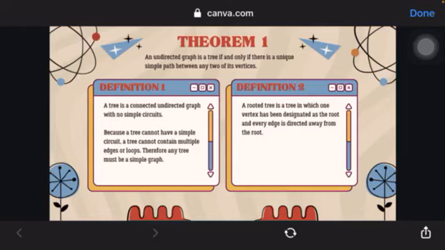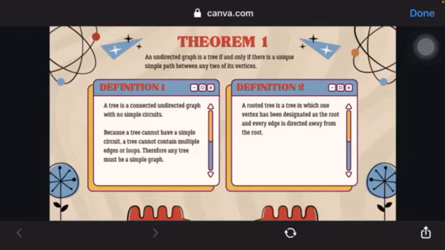Therefore, any tree must be a simple graph. So, like it said in the definition, it only has one root, it cannot loop, and all of the edges are directed away from the root.